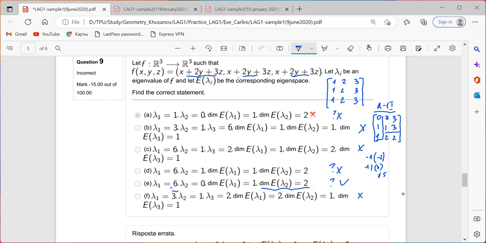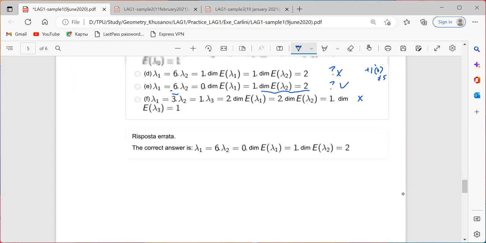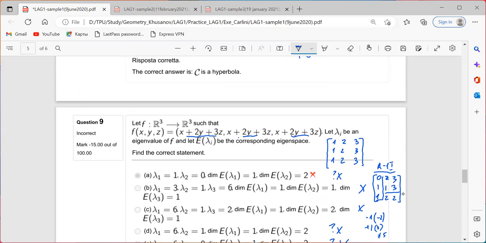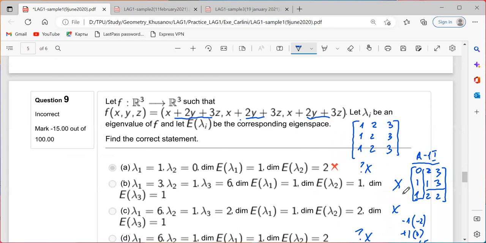For example, we can put 0 instead of lambda in A minus lambda I. When instead of lambda we put 0, it will be just our matrix itself, because it is the matrix A. Then we have to solve the homogeneous equation system using this matrix. What can we say? We can reduce this matrix to row echelon form. You see, all 3 rows are proportional, the same. That's why all these elements we can just convert to 0.